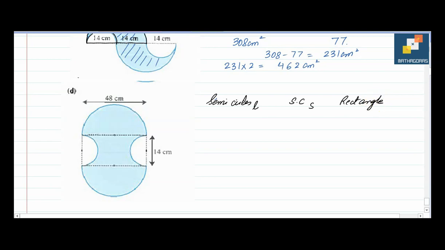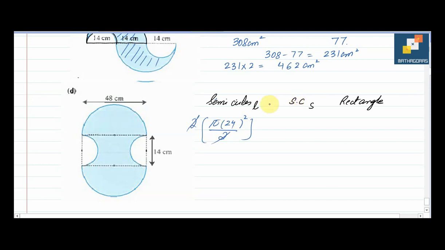Now I just need to apply the working formula. For the larger semicircle I prefer this one and this one, right? So the working formula is pi r square divided by 2, and I need to multiply it by 2 because there are two semicircles. So 2 and 2 cancel each other, and the radius of the semicircle is 24, right? 48 divided by 2.